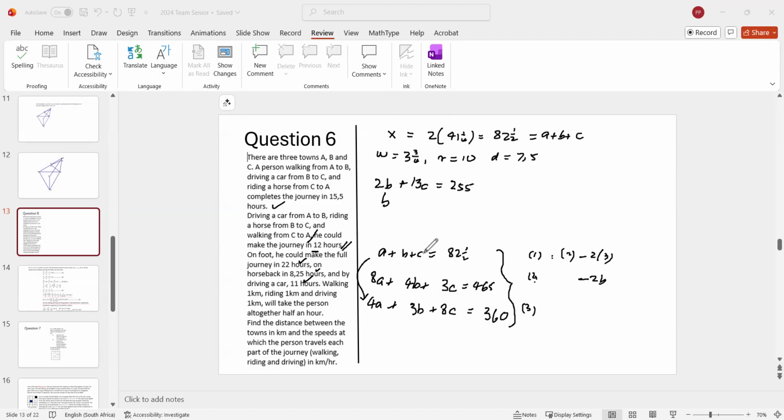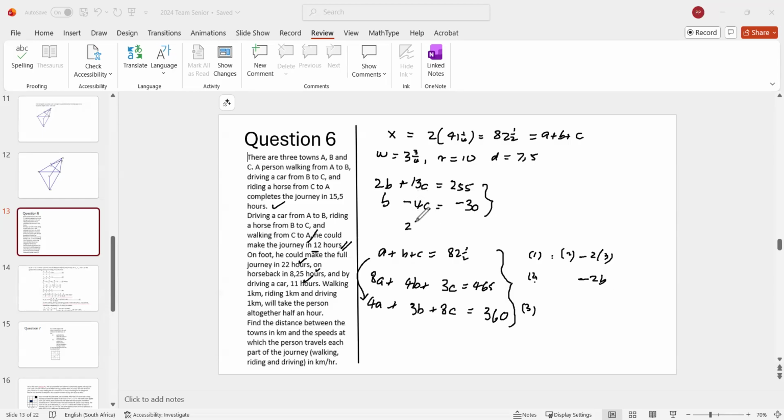And 4C minus 8C is minus 4C. And that is 4 times this, which is 330 minus 30. So finally you got B and C. So finally you can multiply this by 2 and subtract.